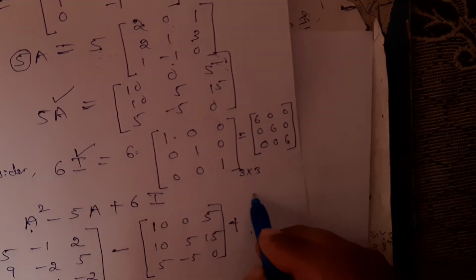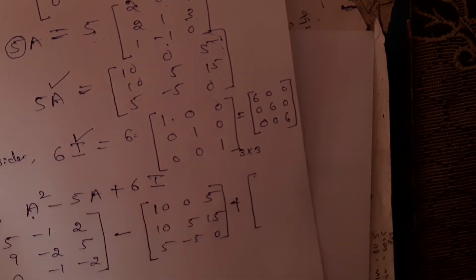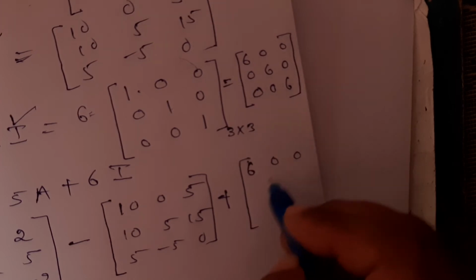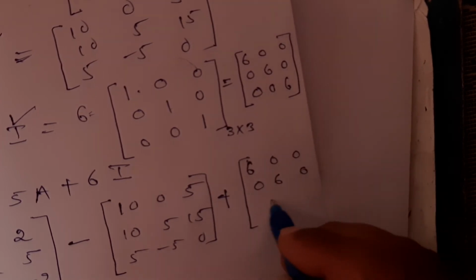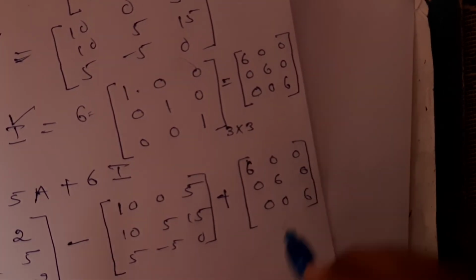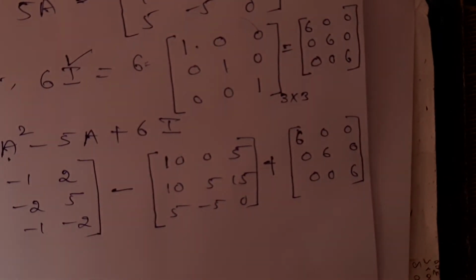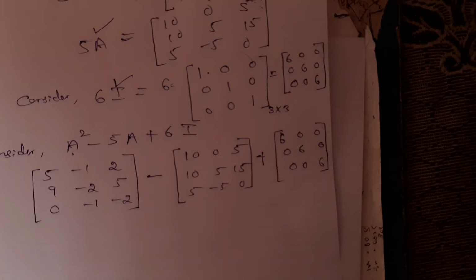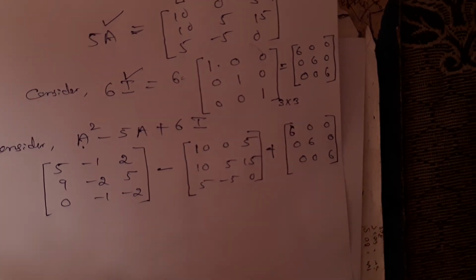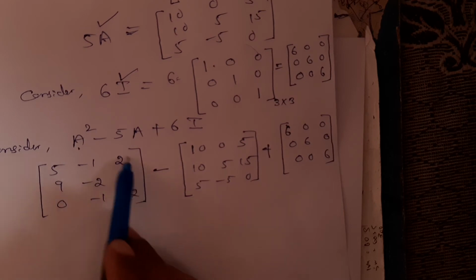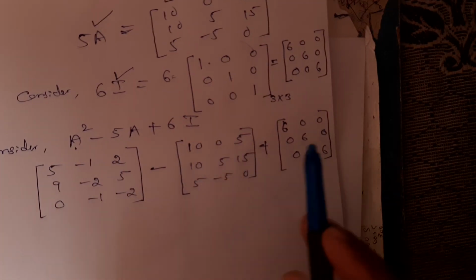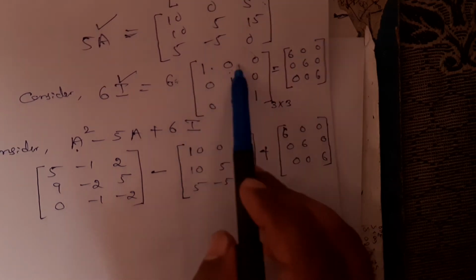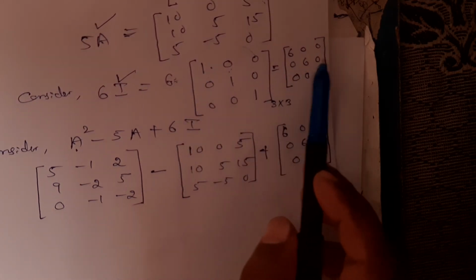So I can write the same matrix here: 6 0 0, 0 6 0, 0 0 6. Okay, so this is the first matrix, this is the second matrix, and this is the third matrix.